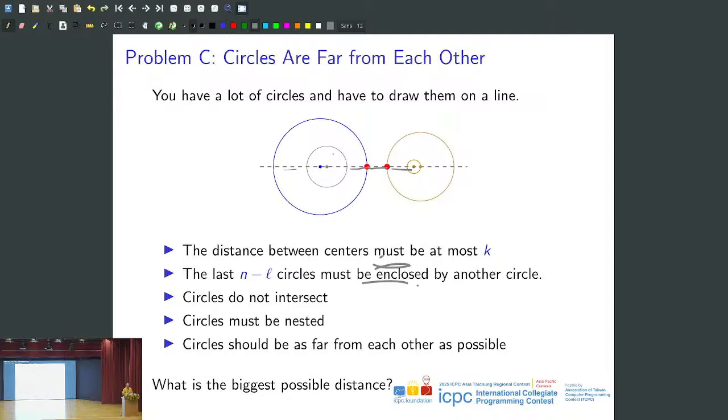This would give you an optimal result, if you know this distance that circles have to be away from each other. You don't know it, of course, but you can determine it by binary search.